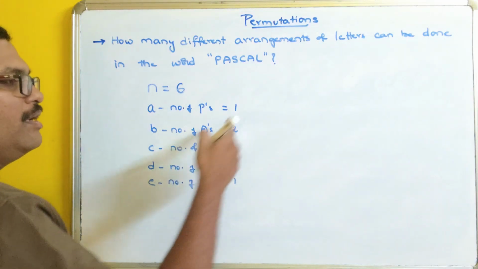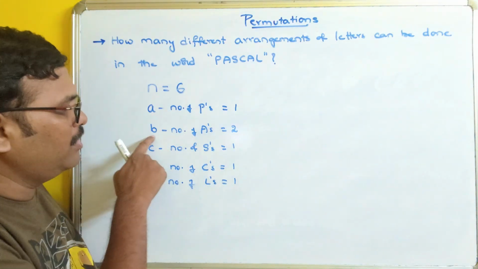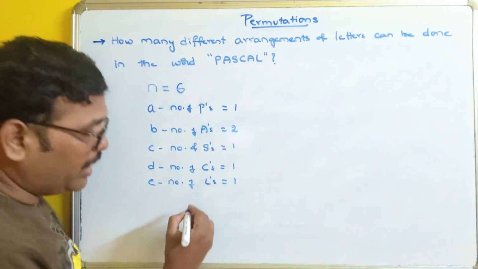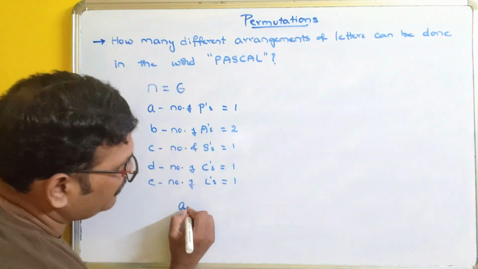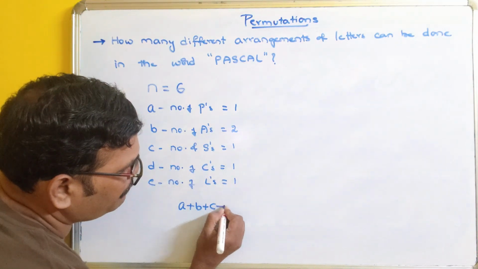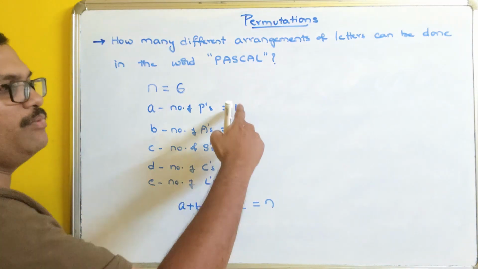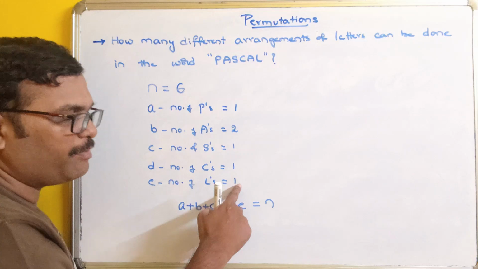Now we are having 5 distinct letters with 1 repetition, A. So n is equal to 6. Make sure that the count of P plus A plus S plus C plus L should be equal to n. You can see 1 plus 2 is 3, 3 plus 1 is 4, 4 plus 1 is 5, 5 plus 1 is 6.